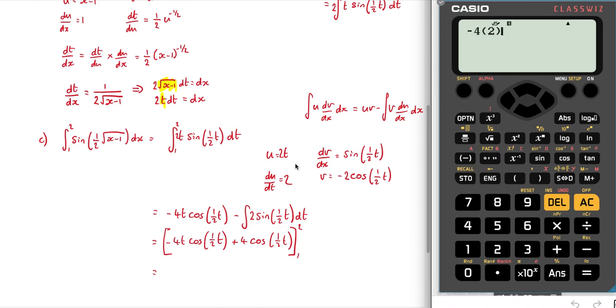Have I made a mistake in here? uv, yeah. v du, well there's a mistake in there already. So v du, that's going to be... I've made a huge mistake.